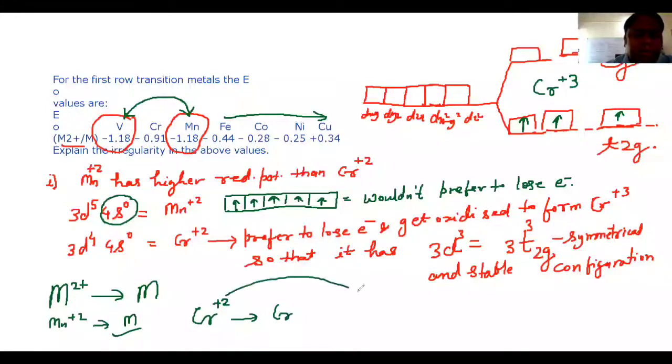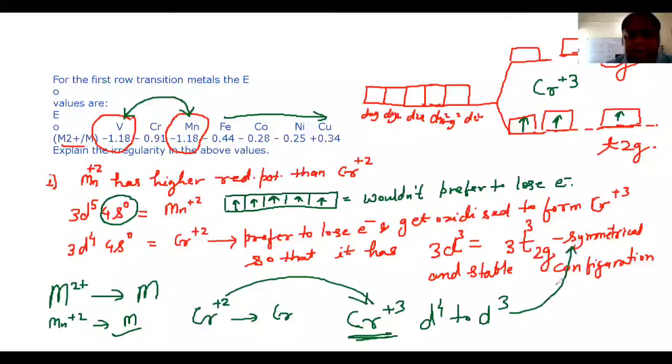But in this case, it would prefer to become Cr3+ by losing one electron, so that it becomes d4 to d3 state, and d3 state is symmetrical and stable configuration because of the splitting of d orbital. The electrons arrange themselves in the t2g orbital symmetrically. Right. So this irregularity can be explained in this way.